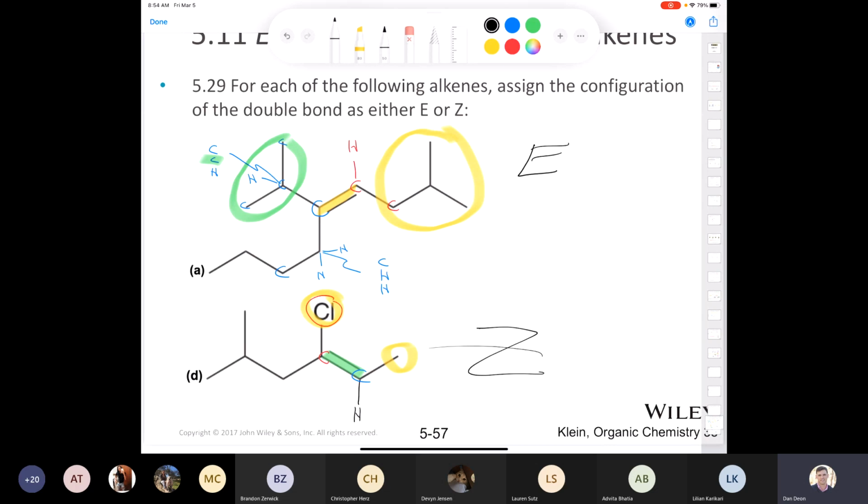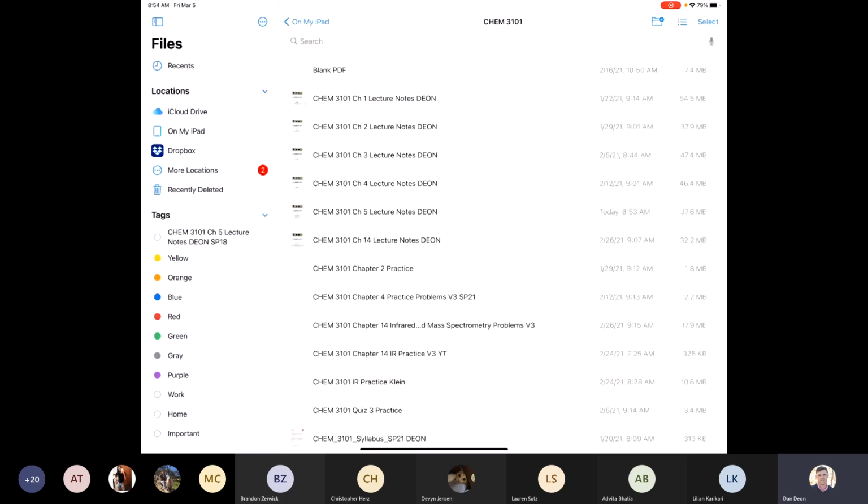What we could do is we could stack it like, all right, so let me just go to a blank document here.